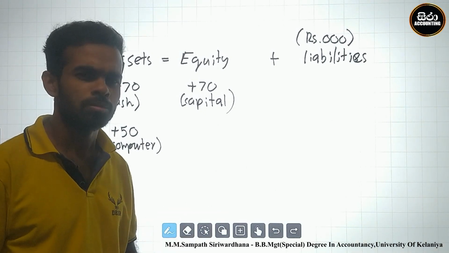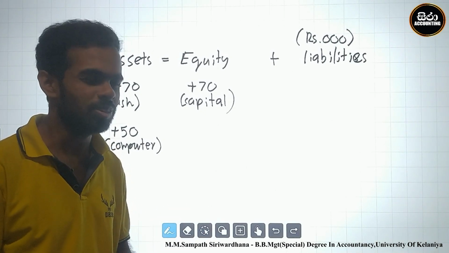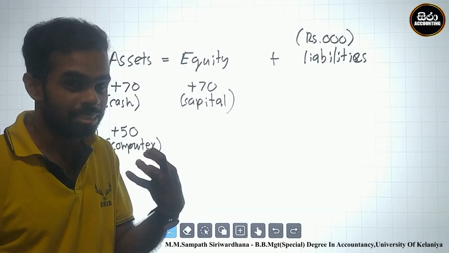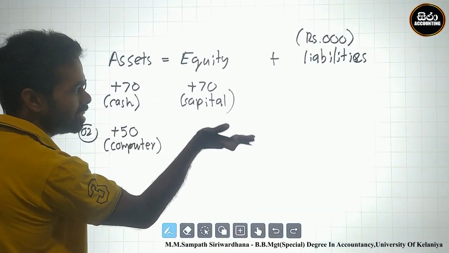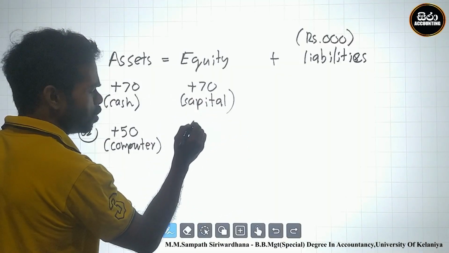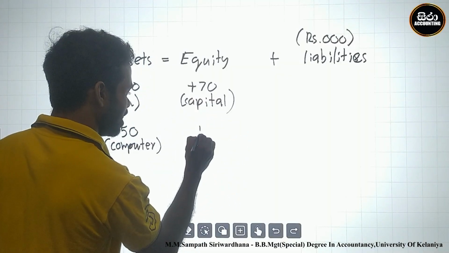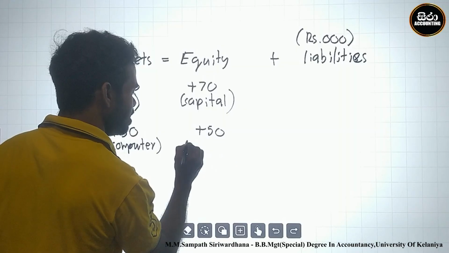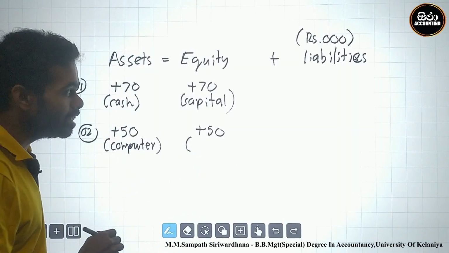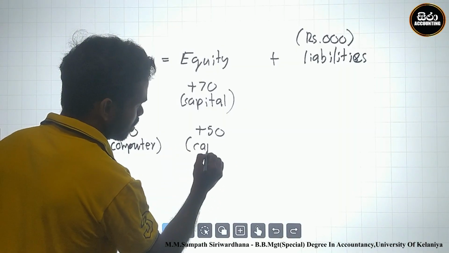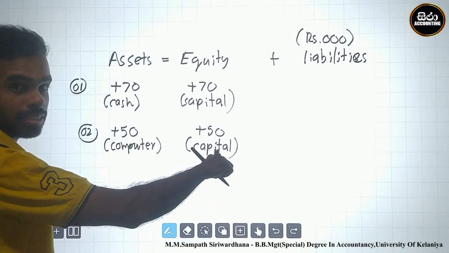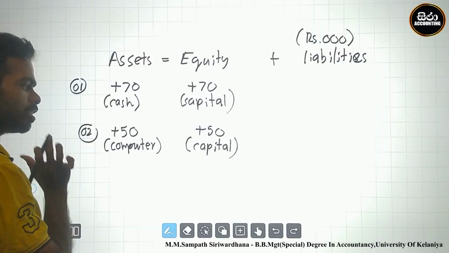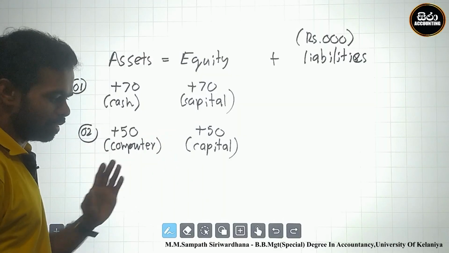Is there an outflow from the business? No, there is no outflow, only the inflow of the computer. This side is increased, and you must clearly increase this side. The owner invested, therefore I plus this. What is the word? Only capital. Don't write computer on this side. This is only one computer. This is the capital.